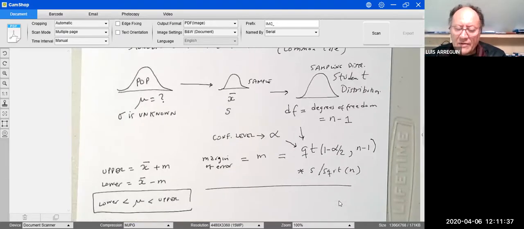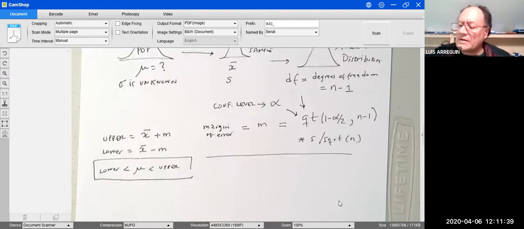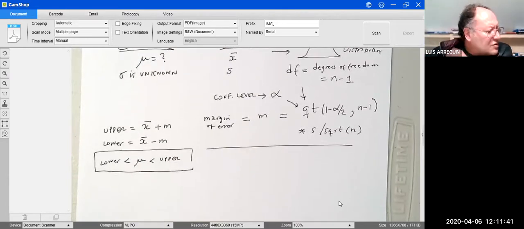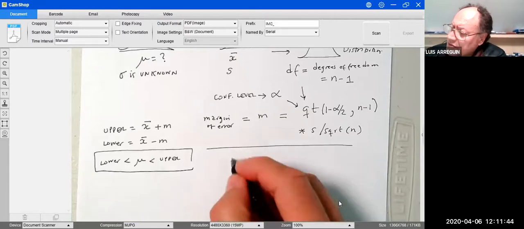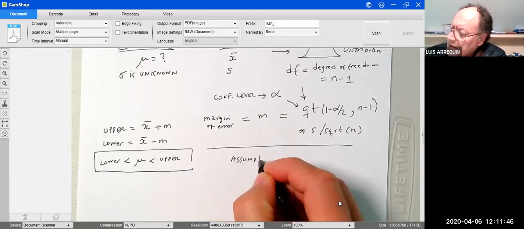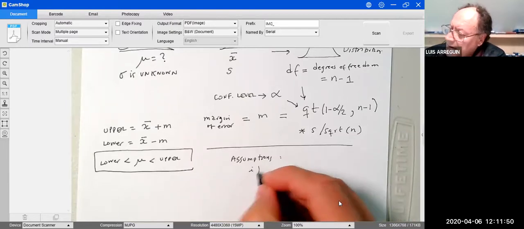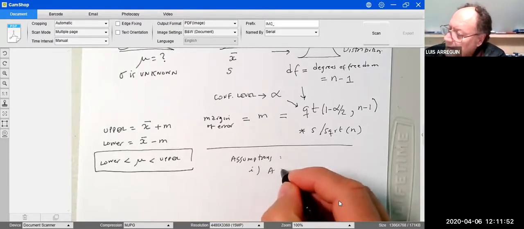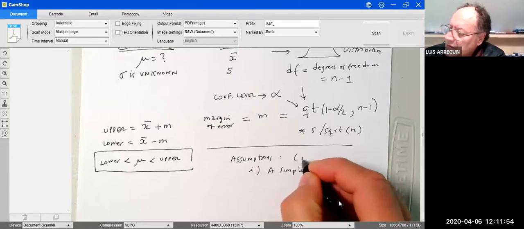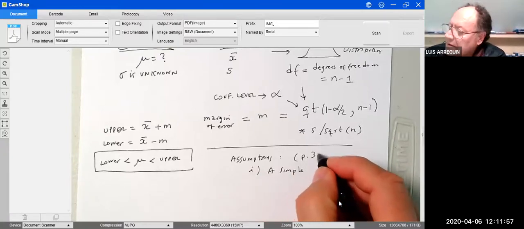So let's solve a problem, and then you're going to be able to play with this. Remember the assumptions to use these problems: we have a simple random sample. These assumptions are on page 379.